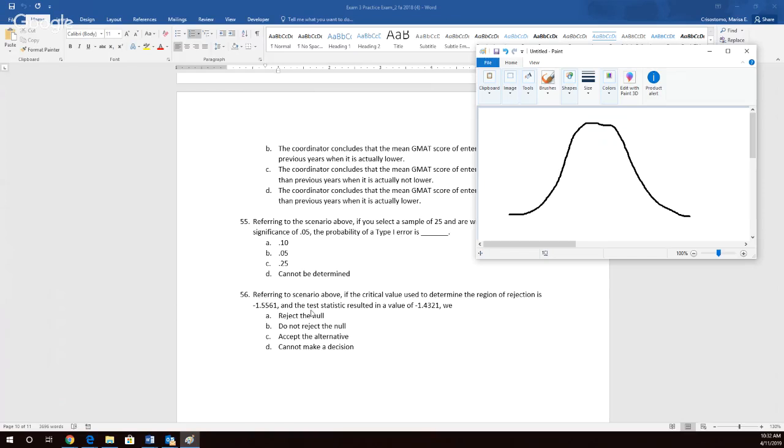So our critical value is negative 1.5561. Here's our region of rejection, and anything else in here is the non-rejection. So our test statistic resulted in a value of negative 1.4321.